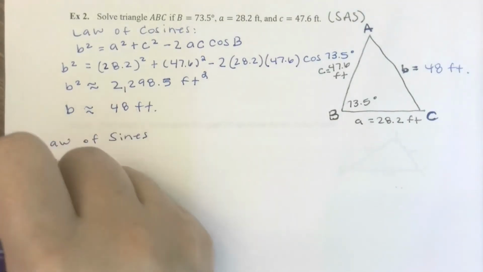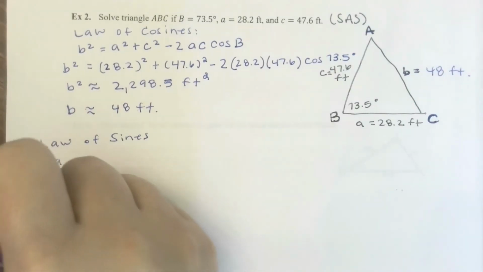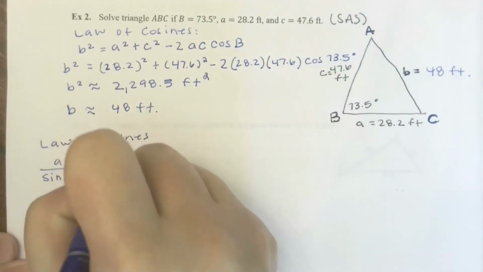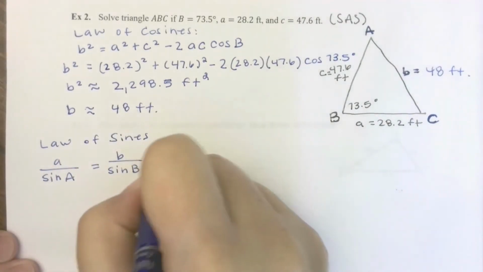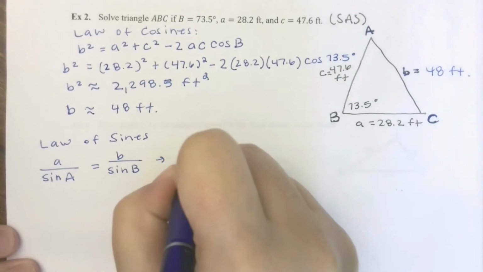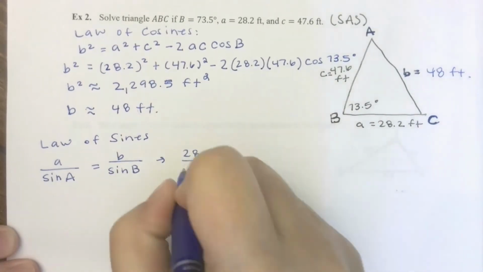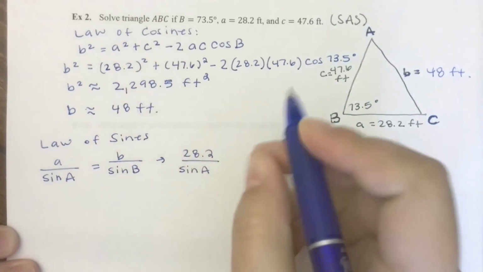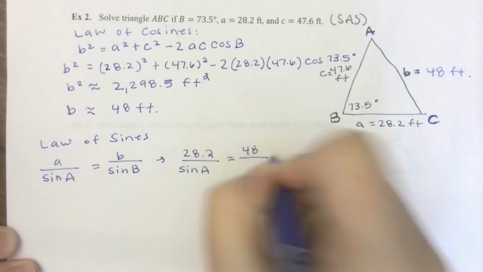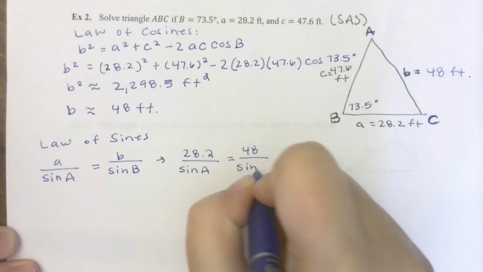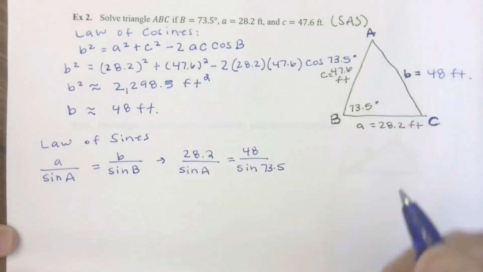So we have side A over sine A equals side B over sine B. So we have 28.2 over sine of A, we don't know A, and then side B is 48 over sine of 73.5.